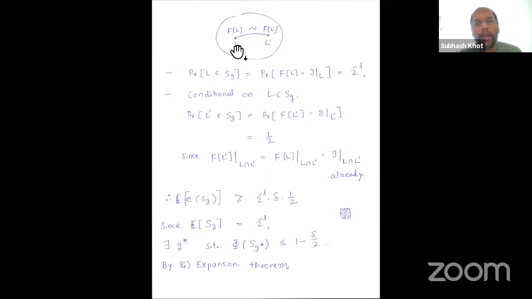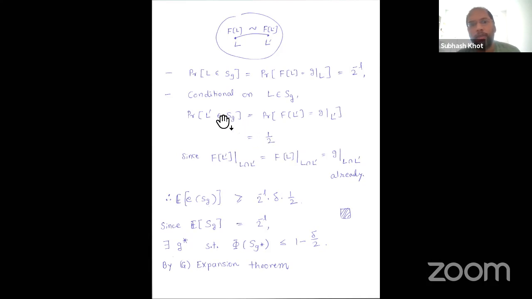Now, what's the probability that L is in S sub G? We already said that the probability that the given answer f of L is consistent with G is 2 to the minus L. But then, conditional on L already being in S sub G, L prime happens to be in S sub G with very large probability, with probability half.